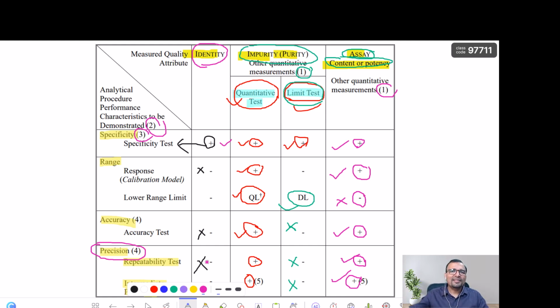If I measure 6 samples as part of repeatability, at least I must get all the results meeting the spec. That is the expectation. And when someone measures the intermediate precision on another day by another instrument, then again that analyst should also get all the results meeting the specification. So that is what precision probably could be thought of. What do you say? Let me know in the comment box. If not range, if not accuracy.